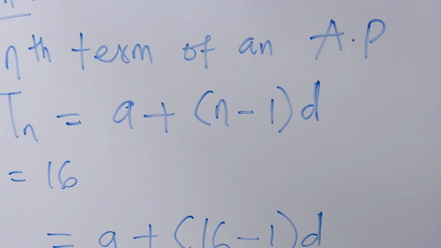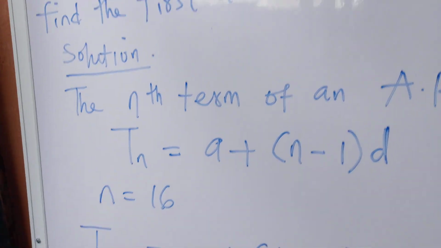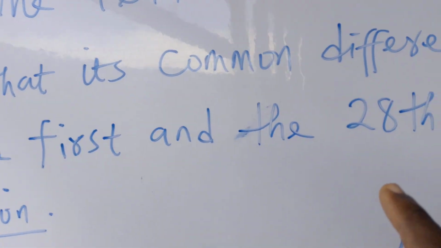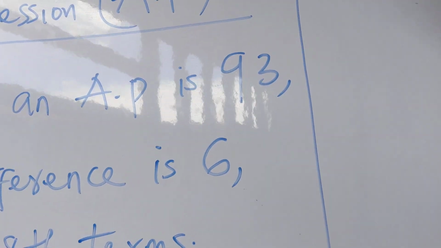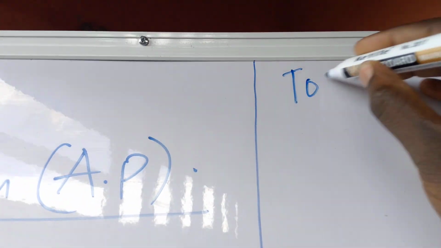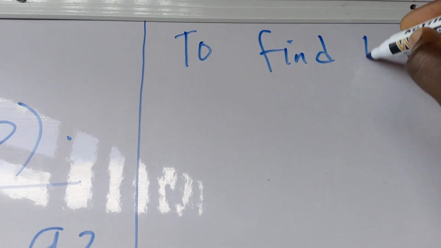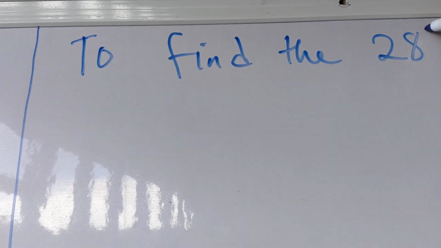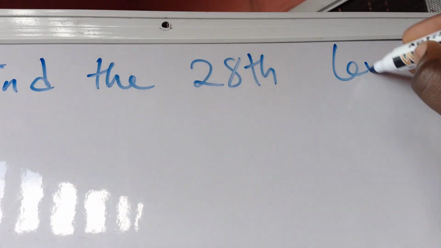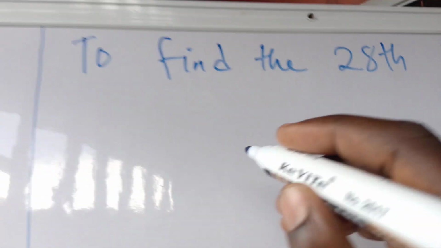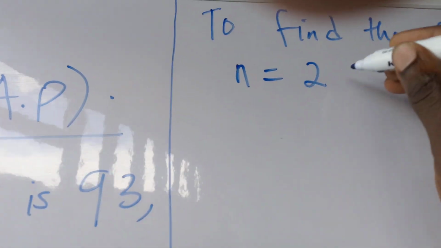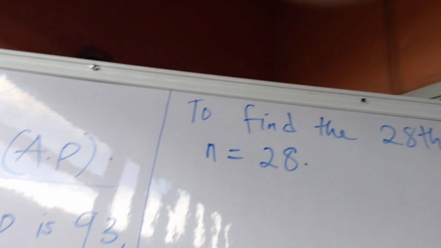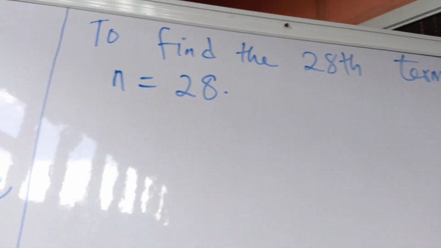Alright, now we are also told to calculate the 28th term. Now to find the 28th term, we have that n in this case is equal to 28. So you go back to the formula for the nth term of an AP.